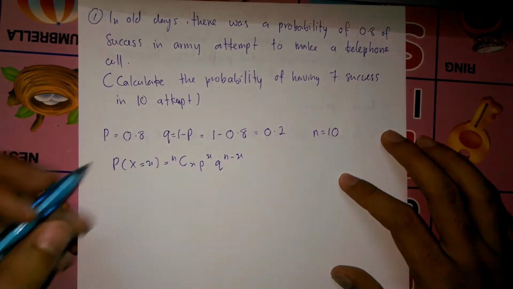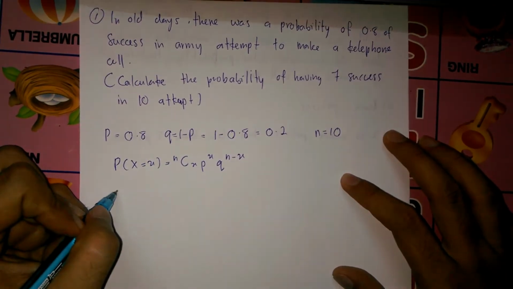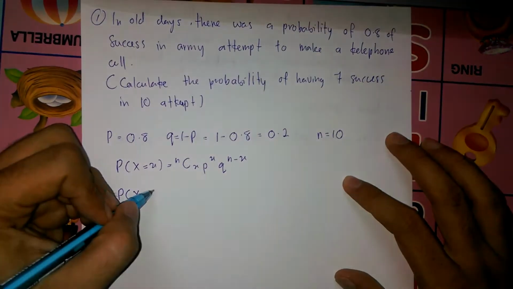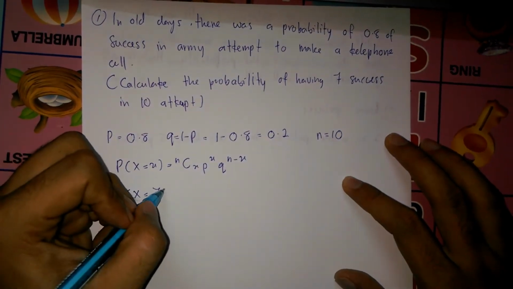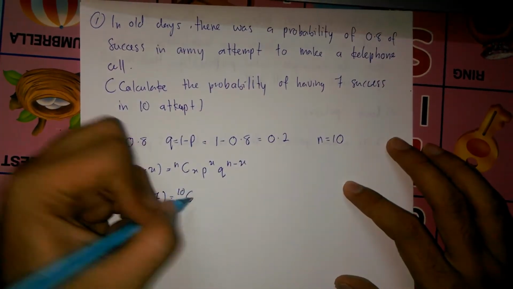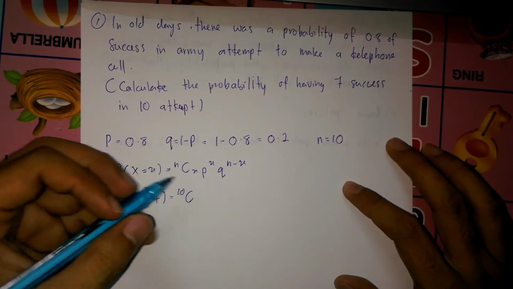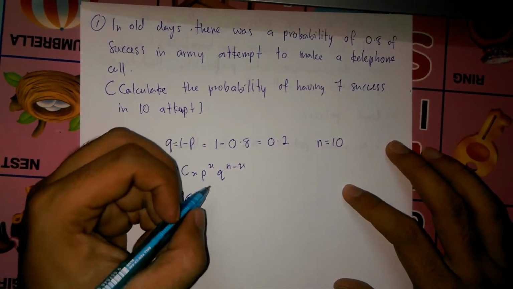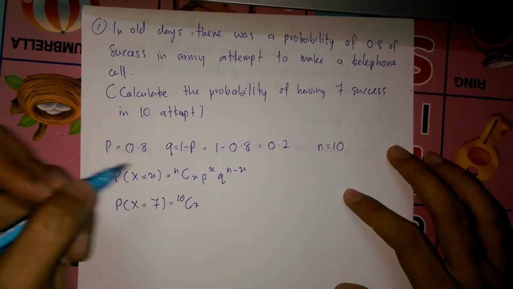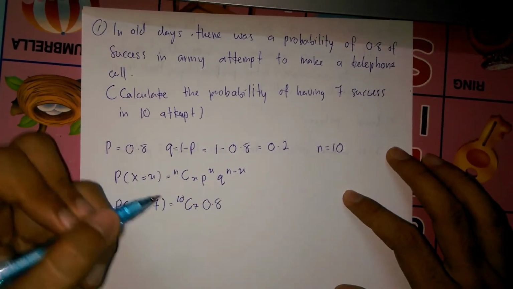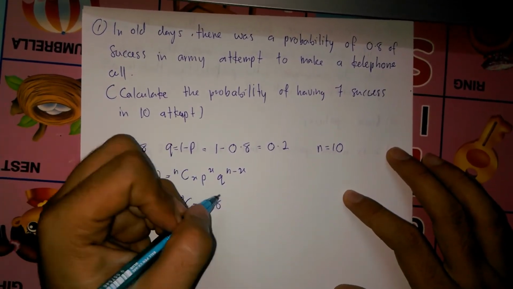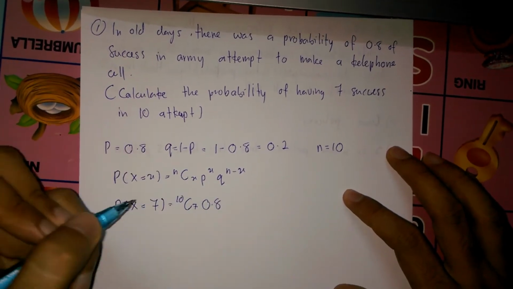So we put P of X equal to 7 because we have 7 successes, N equals 10, and C with x equal to 7.